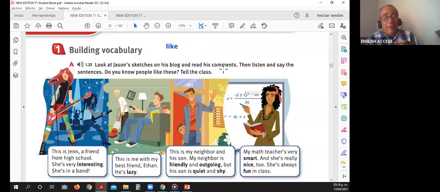Now, it's very common for people to make a comment about their friends or family in a blog on the internet. Maybe you can type something about people in your Facebook or Twitter or Instagram. Oh, I like my friend because my friend is very happy.